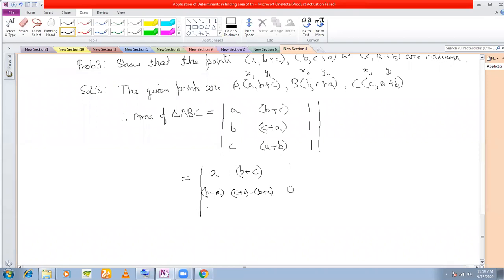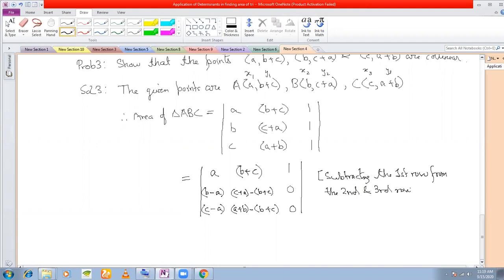And here you have C minus A, and here you have A plus B minus B plus C, and again a 0. Subtracting the first row from the second and third rows respectively.